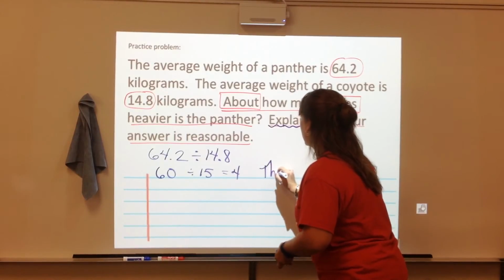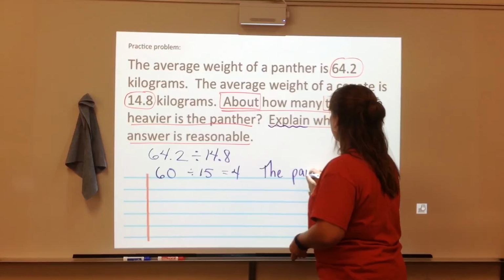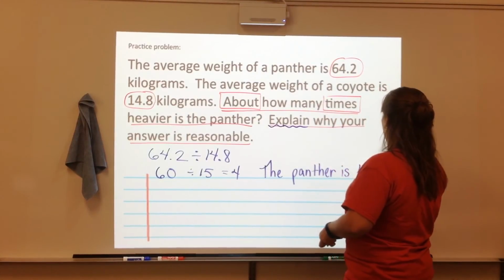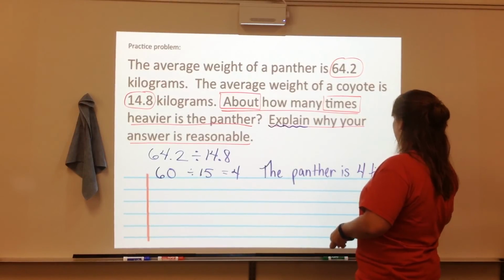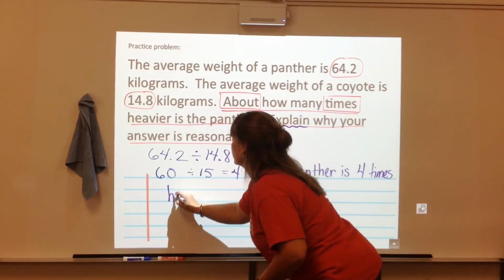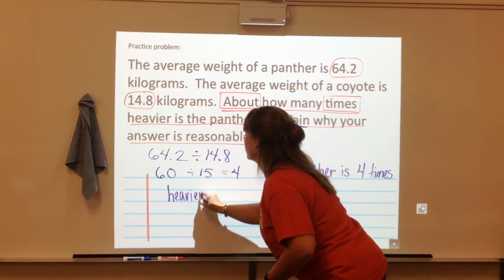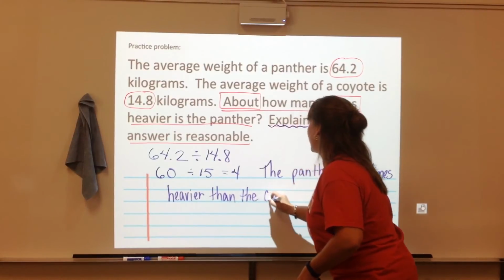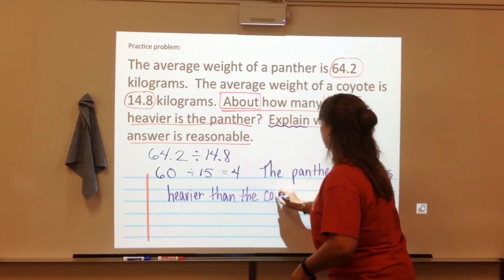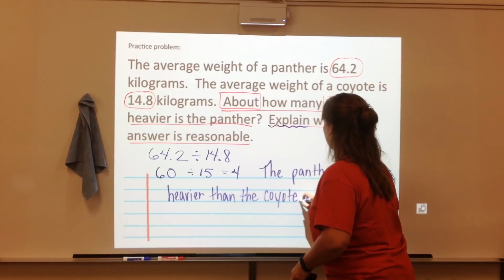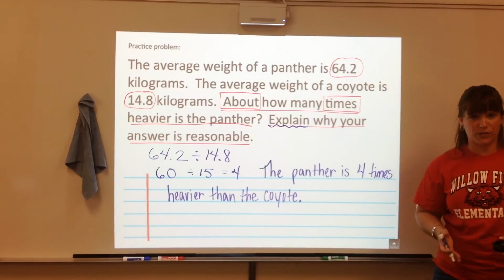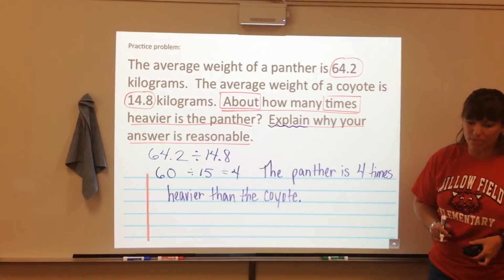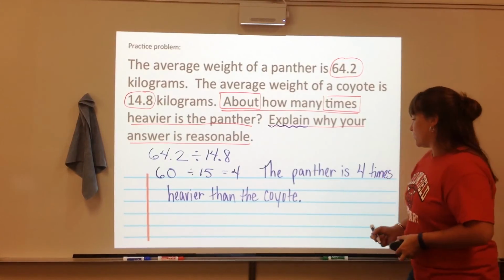So, the panther is 4 times heavier than the coyote. You want to answer the question first. How many times heavier? 4 times heavier. Okay.